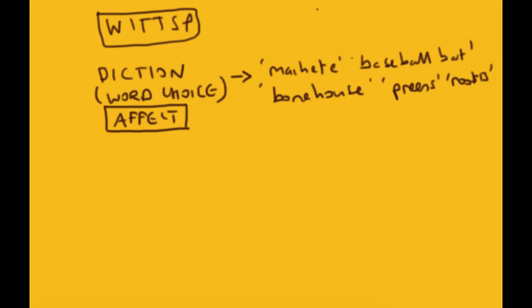Bone house is a very interesting word choice. Bone house really gives you the idea of skeletal, which sort of complements the idea of the vulture and the carcass, the carrion.